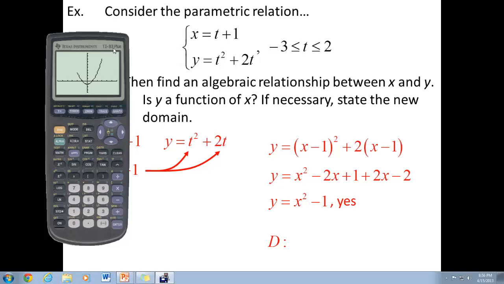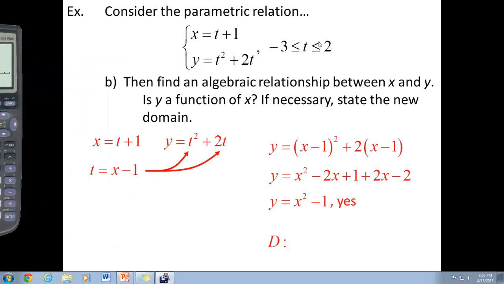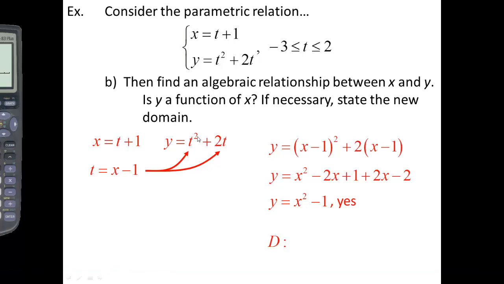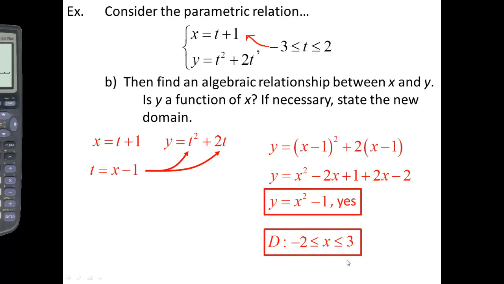Or I can use the parametric interval. -3 to 2 was the t values. All I really have to do is take my t values and convert them into x values simply by plugging the t values into the x equation. If I take -3 and plug it in for t, I get -2. If I take 2 and plug it in for t, I get +3. So there's my domain, -2 to 3.